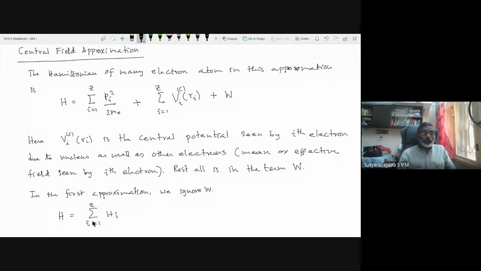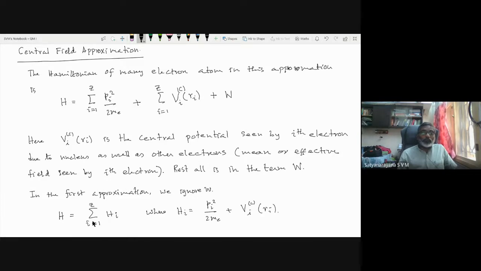Okay, so now you see each one is, but the interaction is already present in the central potential. So this is like decoupling. Where this Hi is the Hamiltonian for the ith electron, so pi square by twice me plus Vc_i of Ri.